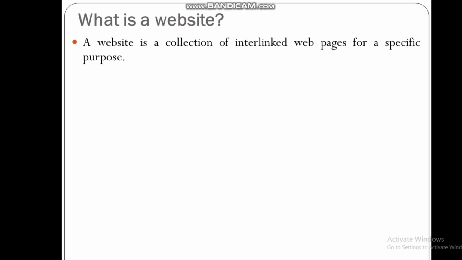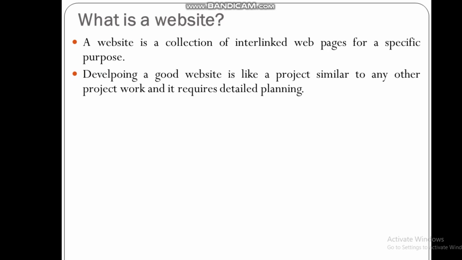Whatever single file we create in Composer or using Notepad, that file is known as a web page. And when several web pages are interlinked, that is known as a website. Developing a good website is like a project similar to any other project work, and it requires detailed planning.